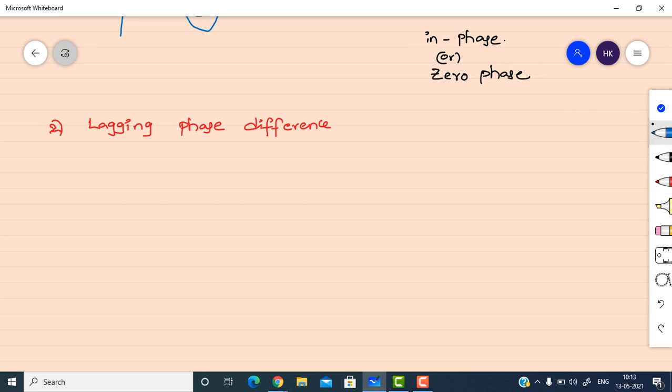So for this also I am assuming the two alternating quantities, voltage and current. So let us assume V is Vm sin omega t and I is Im sin(omega t minus phi). And here also the voltage phasor is greater than the current phasor. Now draw the waveform and phasor diagram.